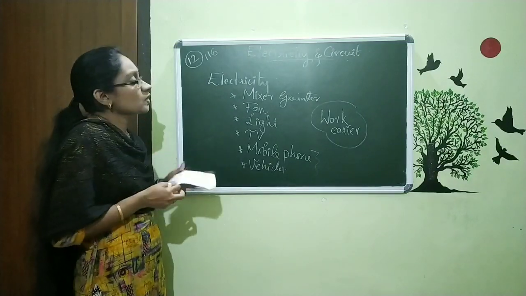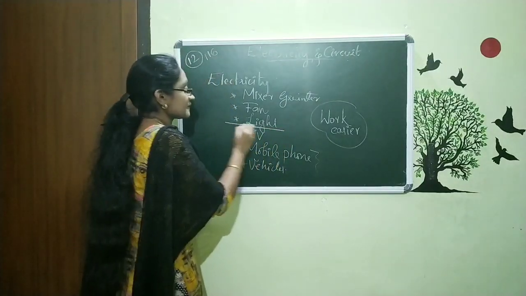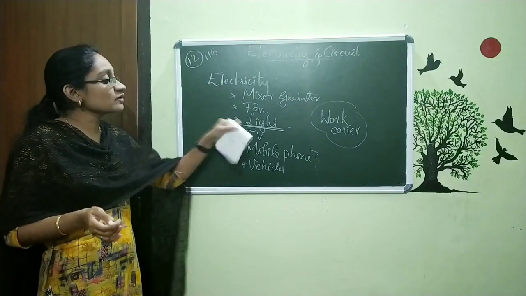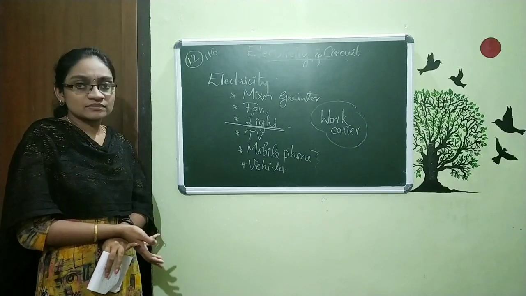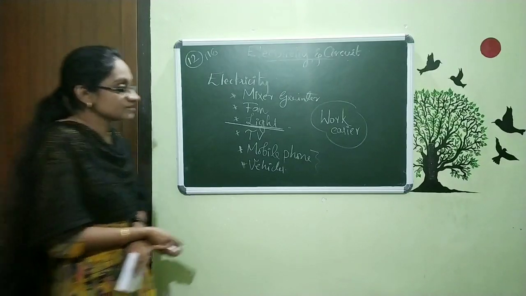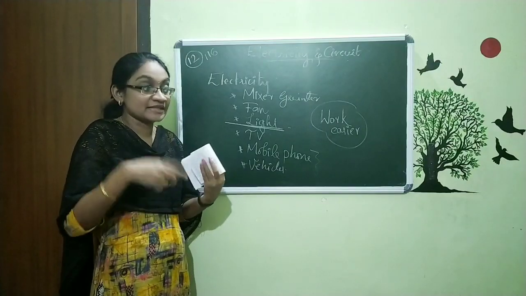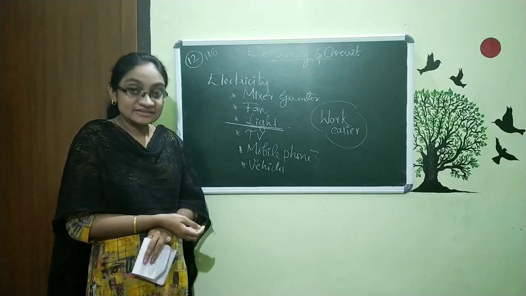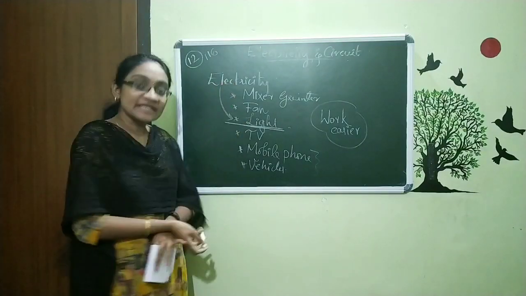And now we are going to discuss light. All other things are there, we are just leaving that, and we are going to discuss light. What is this light doing? This light is also very important. We know the bulbs, the tube lights, the LED lights, different types of bulbs are there, and these bulbs are working using electricity.